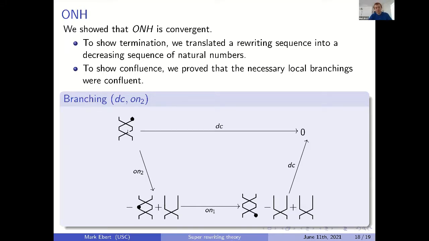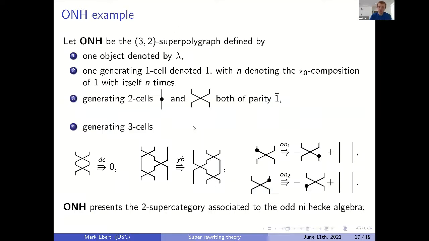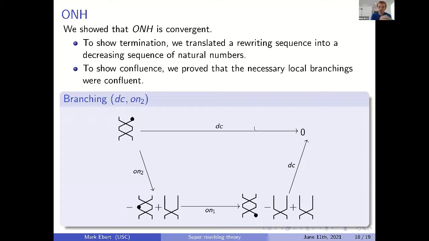So if we apply DC, we can kill this immediately. DC sends the double crossing to 0. So we can kill it immediately, or we can slide a dot down. If we slide the dot down using ON2, we get the bottom left picture. Now the only thing we can do is apply ON1 to the first term of the bottom left picture.